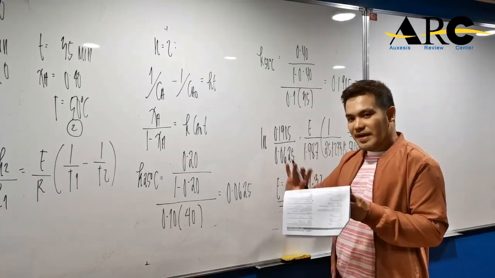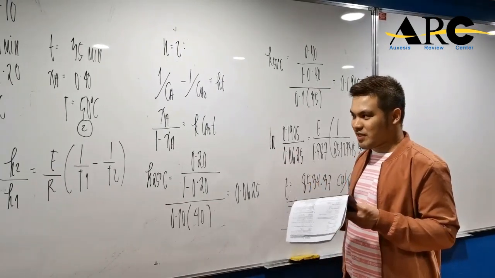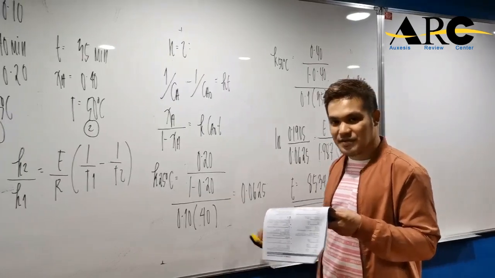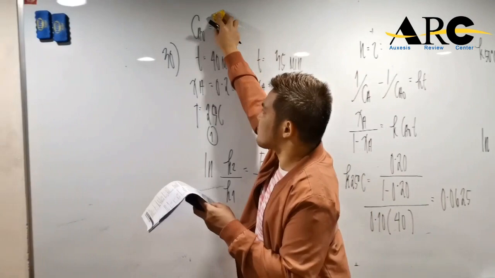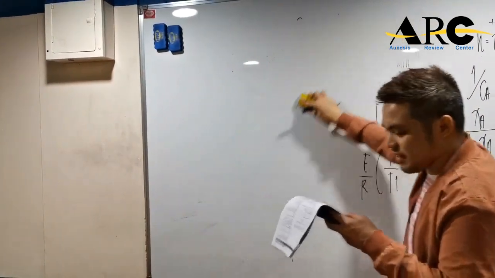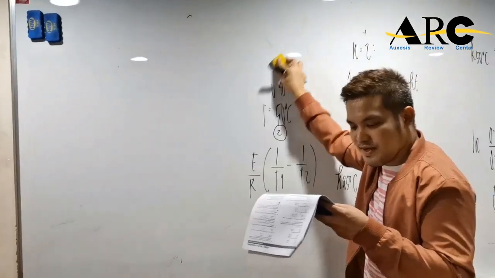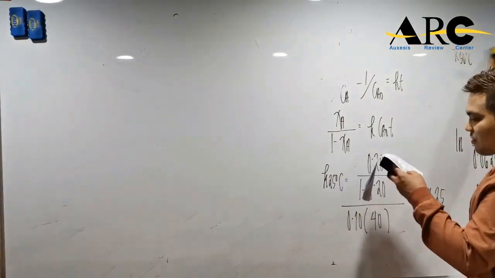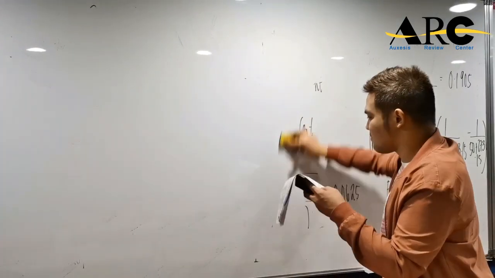So, para mas maintindihan pa natin yung relationship ng K sa temperature, so, sagutan natin yung number 31. So, dito, hindi lang Arrhenius law ang gagamitin natin. So, meron ditong transition state theory. So, number 31.